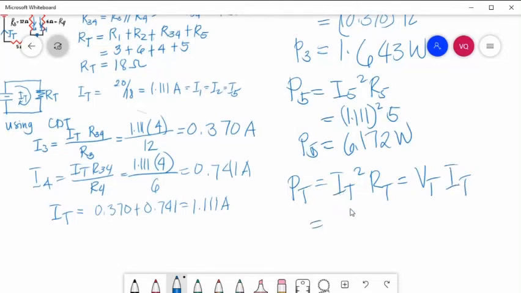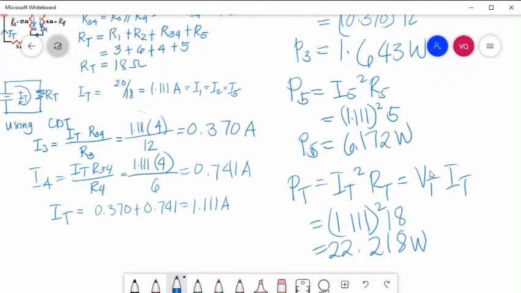So, total current is 1.111 squared times total resistance is 18 ohms. So, 1.111 squared times 18 is 22.218 watts.